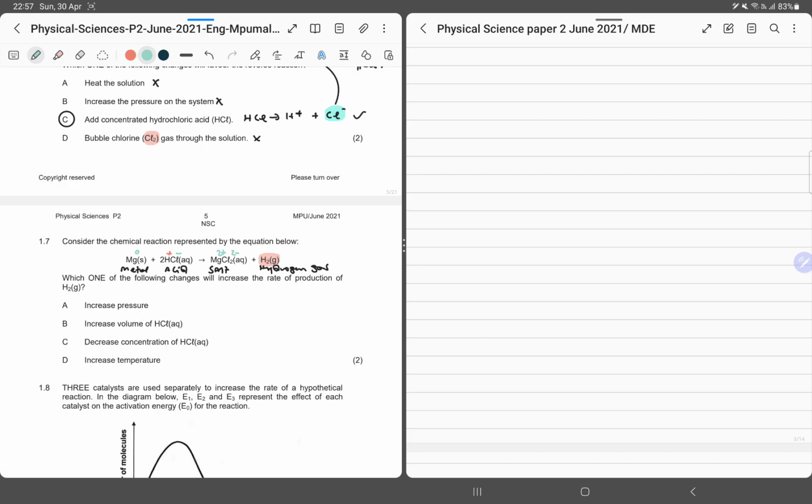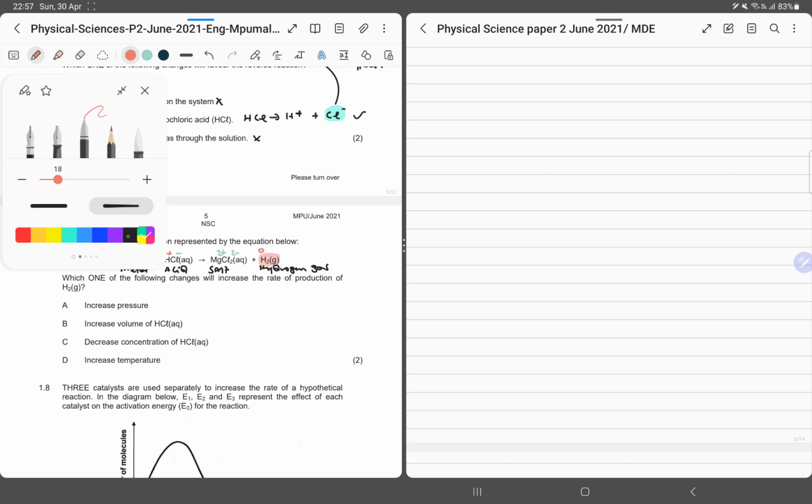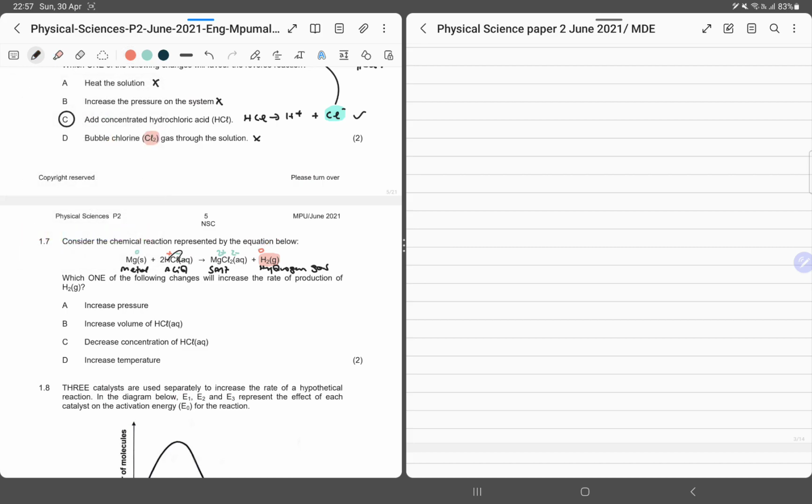Okay. Now let's look at hydrogen. Hydrogen is a 2 plus, and this time it acquires a 0. So what does that do to the situation? It tells us that we have a decrease in the oxidation number. So where there's an increase on one substance and a decrease on the other substance in terms of the oxidation numbers from left to right, we actually have a redox reaction.